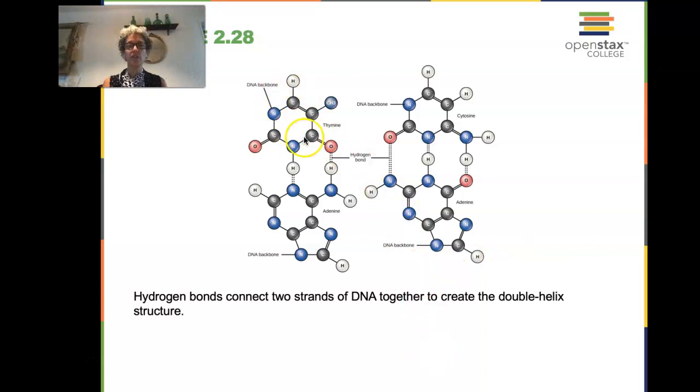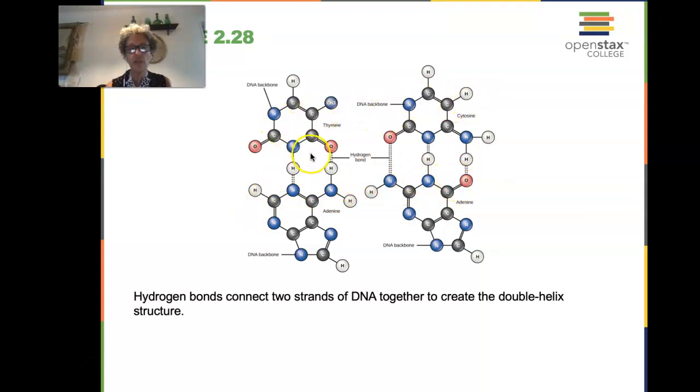So this is a ball and stick model of some of the components of DNA. And we have thymine, which is one of the nitrogenous bases. So there are nitrogens in our carbon ring. And this represents one of the strands of the DNA.